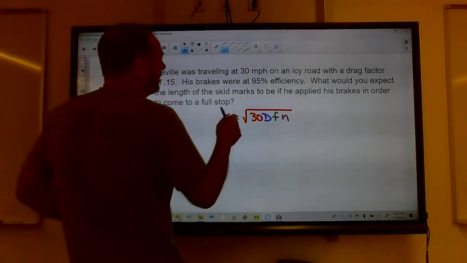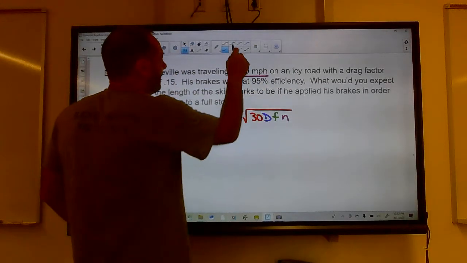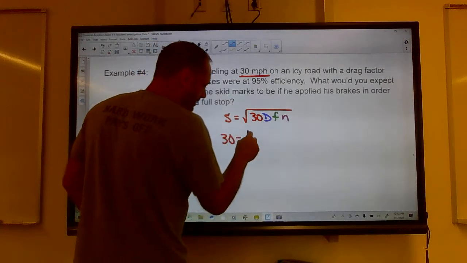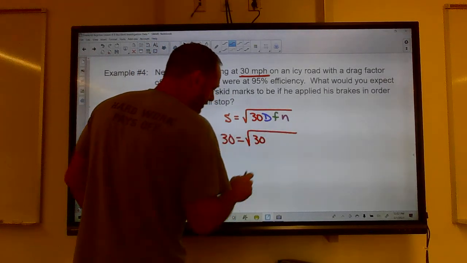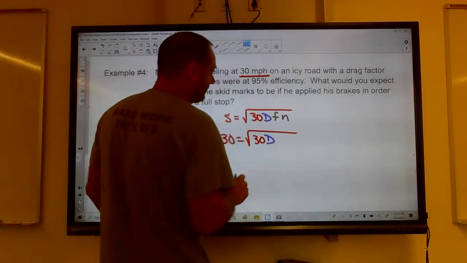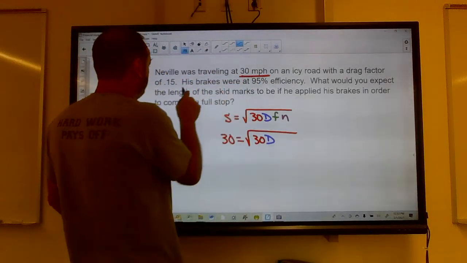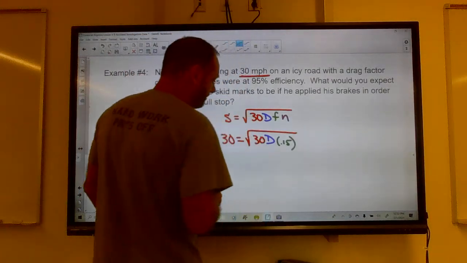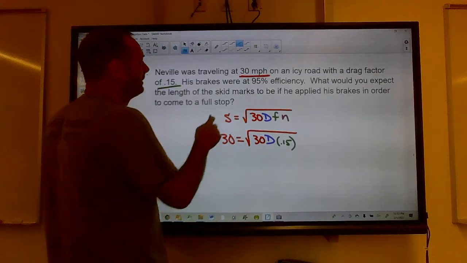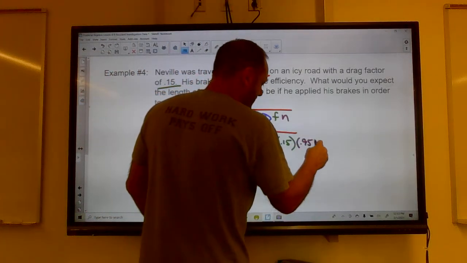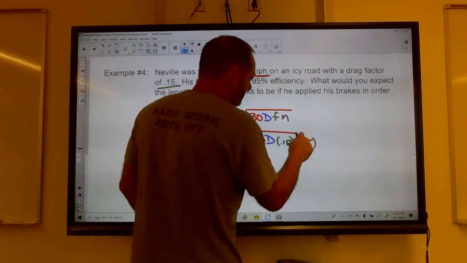Okay, so again, we know the speed was 30 miles an hour, so that goes here. The distance D is what we're calculating. F is 0.15 because it was icy, so it's not going to give him much drag. But his brakes were in pretty good shape. They were 95% efficiency, so that's good for him.